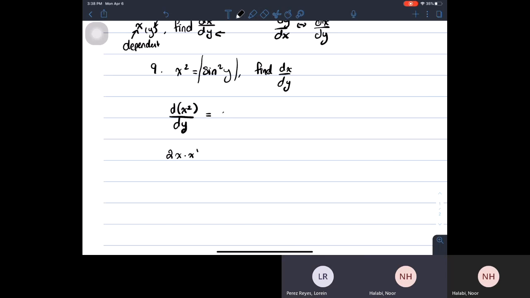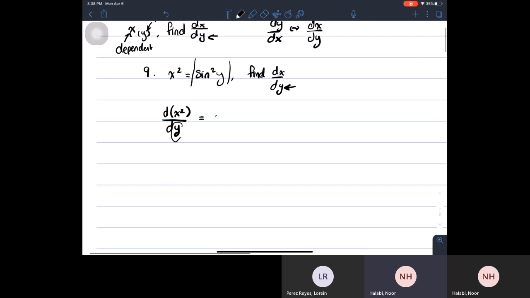Because you always look at the denominator. If you're taking the derivative with respect to y, then when you take the derivative of the other variable, you just add that variable prime. So it'll be the derivative of x squared times x prime.